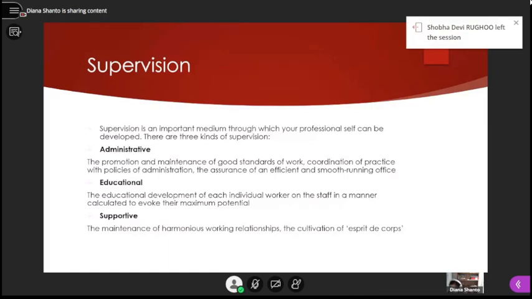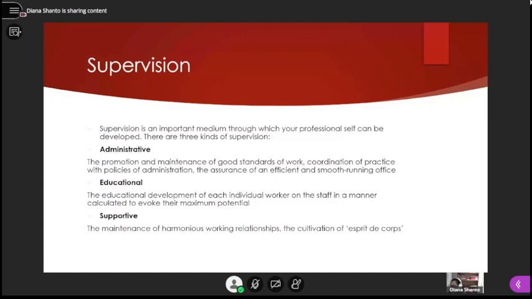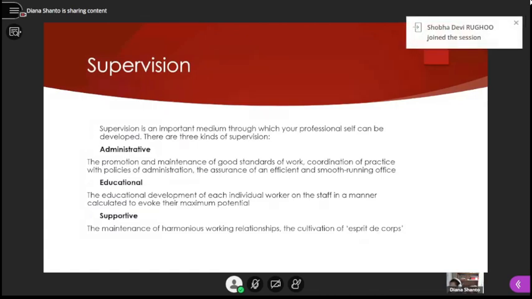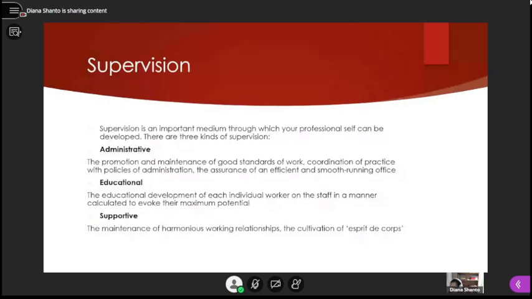Par exemple, you know how to use Carl Rogers person-centered therapy. You do that in your session, tout ça. Your supervisor should know also person-centered therapy.